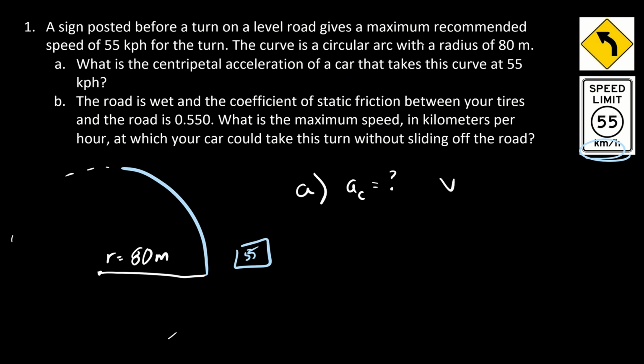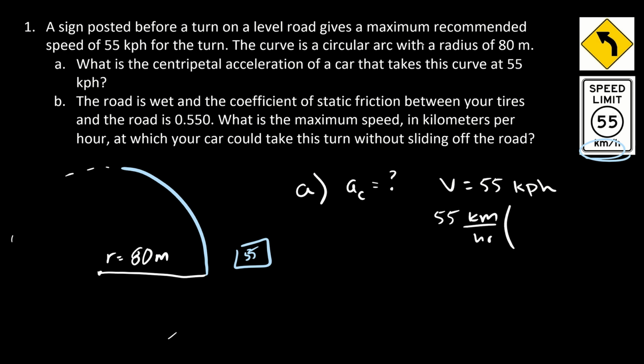So our V equals 55 kph. What we're probably going to want to do, since we're in meters with our radius, is go back to meters per second, as is usually nice in problems like this. So let's turn our speed, the magnitude of velocity, 55 kilometers per hour.